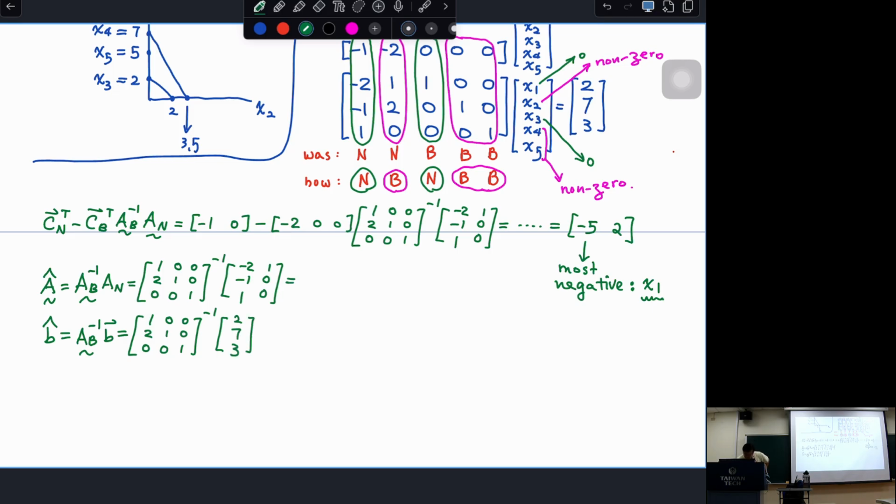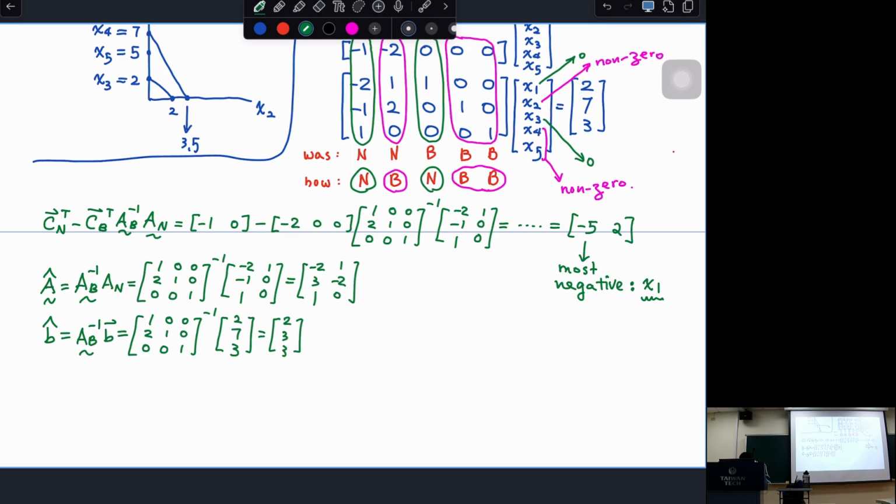It's gonna look like this, and here it's gonna look like 2, 3, 3. So because over here we choose the first one, which is the most negative one, in A hat, the first column will be chosen. So this column will be chosen.